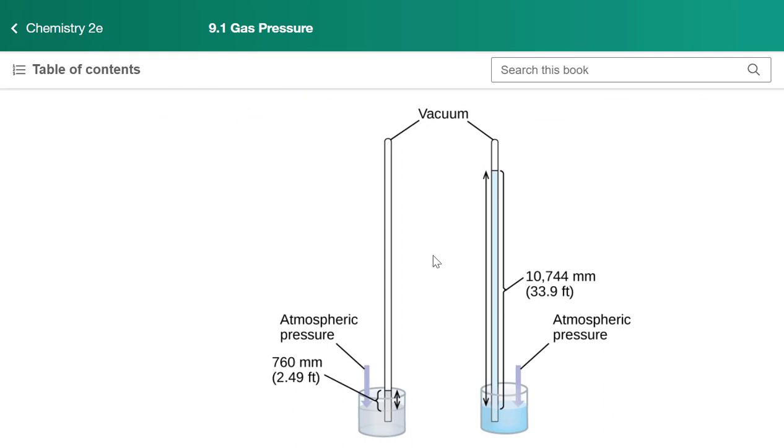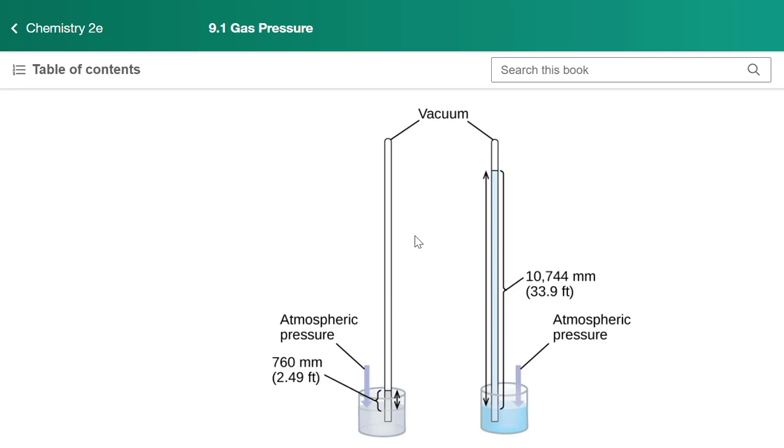You have a glass tube, closed on one end and open on the other end, and then we insert it into a liquid. Before we do that, we want to make sure we have a vacuum inside of it. So somehow we create a vacuum that removes all of the gas molecules out of that glass tube.